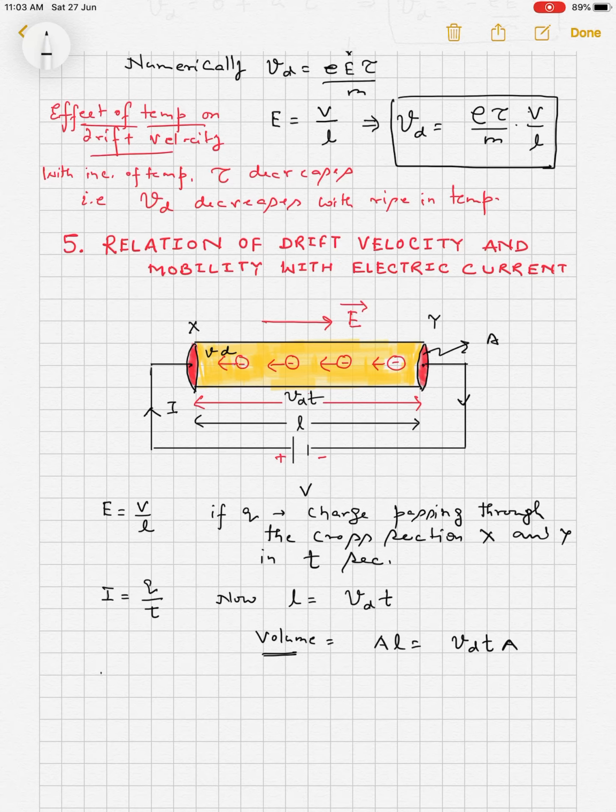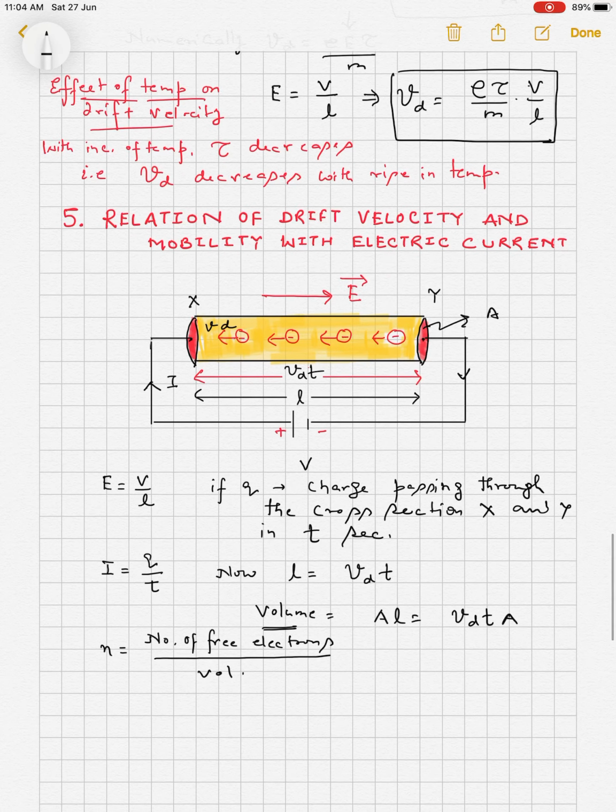If we consider small n, the number of free electrons per unit volume, then the total number of electrons N equals n into volume, that is n A vd t.